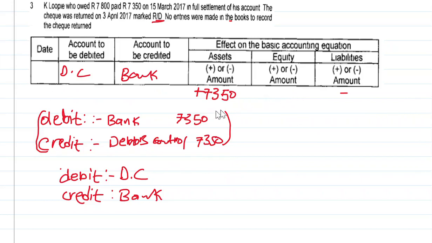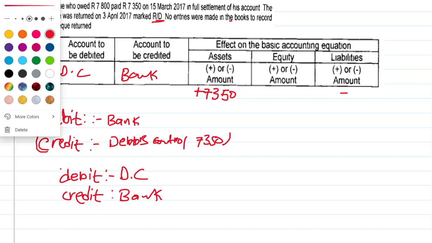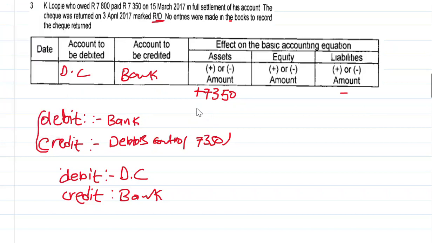You write it here, because it's also an asset. So it must be included under assets. So this will be negative 73.50, right? Yes, because it's not an equity. This is happening under assets only because debtors is an asset, bank is an asset.